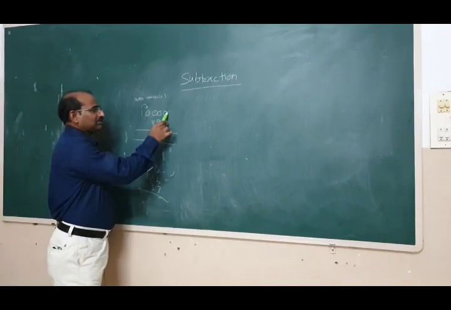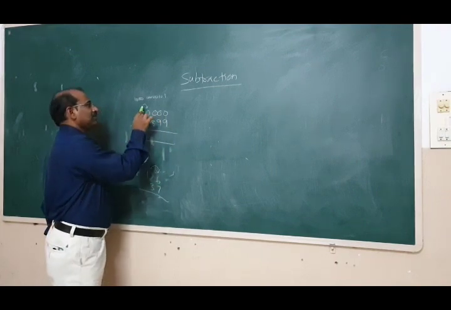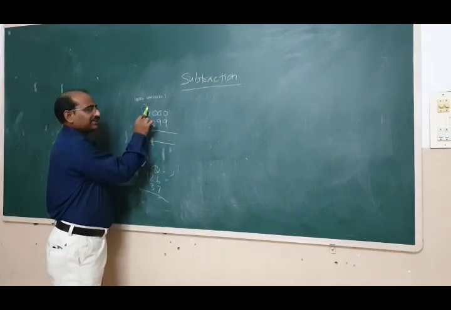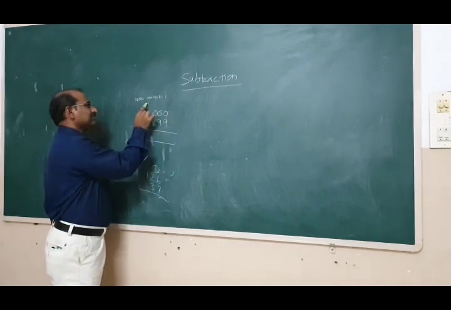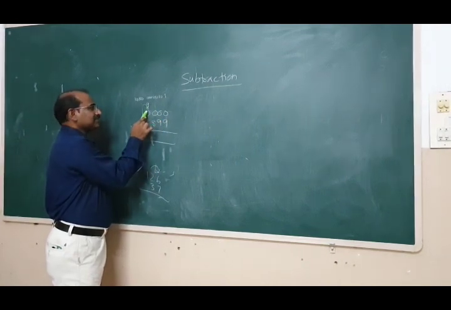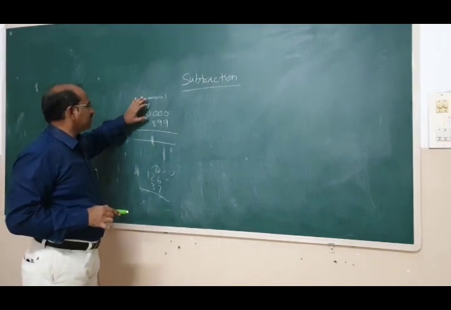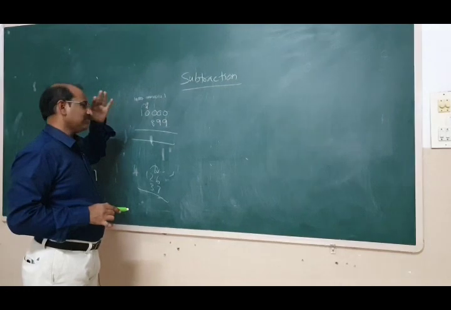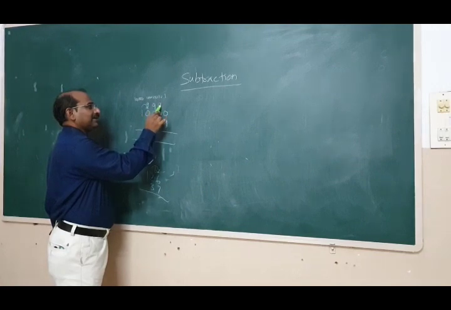But you have to borrow up to the first stage. If you take everything, 10,000 here, you can't subtract this one. So what we do here is we put a 9 here and we take a 1 to here. What is the value of 9 here? This is 9,000. We have borrowed 10,000. 9,000 we have put here and 1,000 we are transferring here. Again this is 1,000, 900 we are putting, 100, again 90.